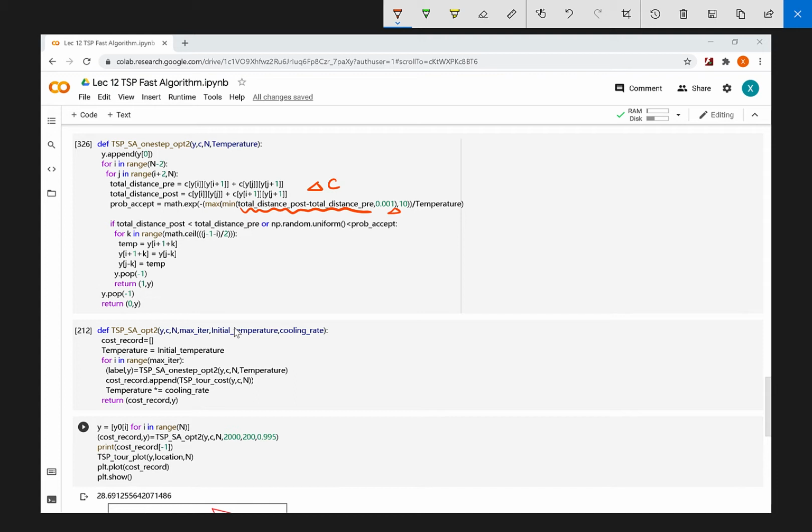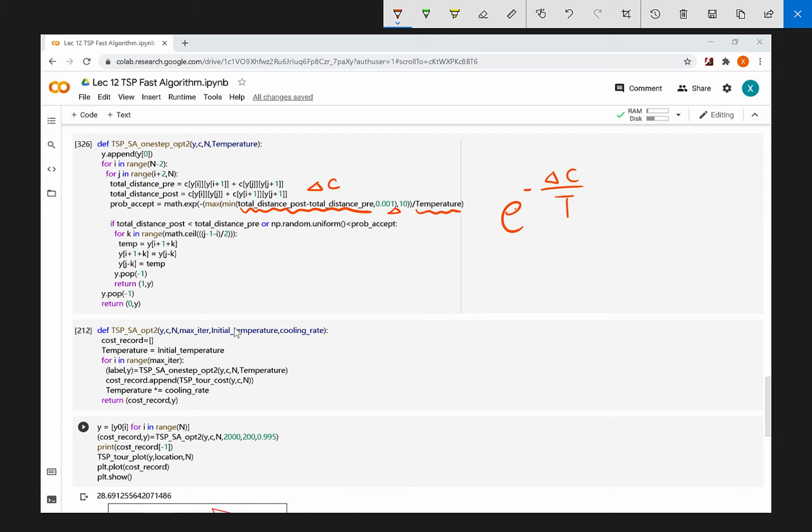So we just use the probability of the Bernoulli distribution as e to the power of minus delta C divided by T, with the exponential rate. Here we can see the temperature value is given for our one-step 2-opt operation.